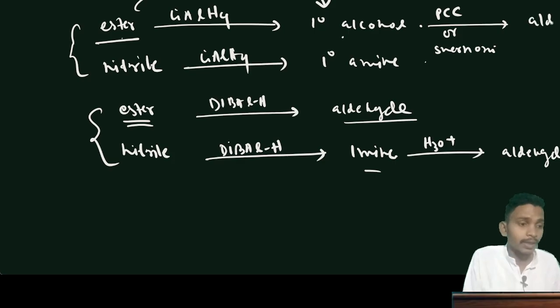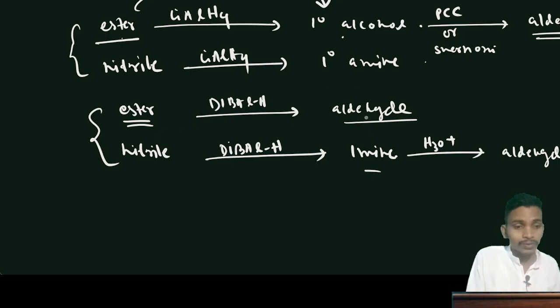So using DIBAL-H, we save one stage of reaction, meaning time consumption, and we no need to perform one more step. That's why DIBAL-H becomes more important in this case.